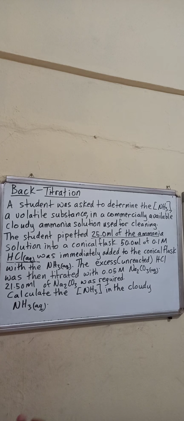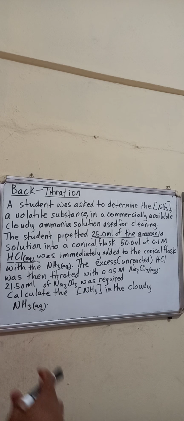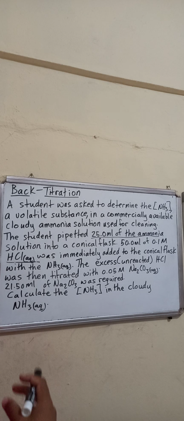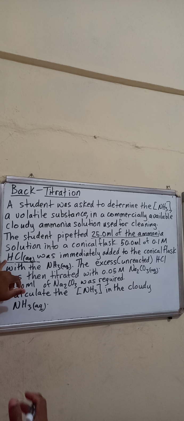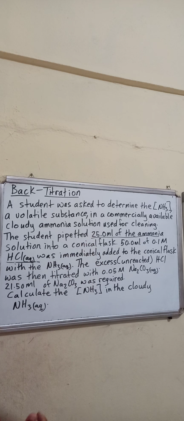But you have to remember that the hydrochloric acid is in excess. Not all of it will react with the ammonia. Some of it will be left unreacted, so we have to find out how much of the HCl was left over.